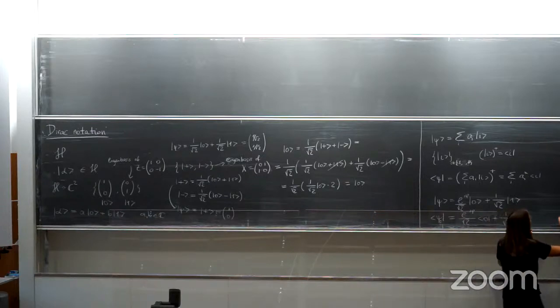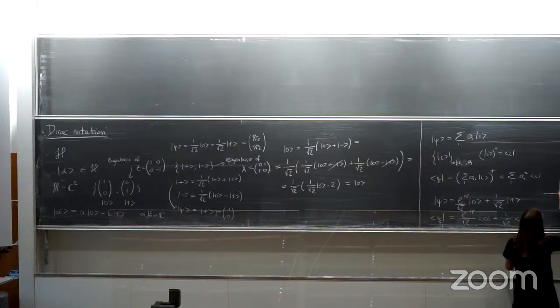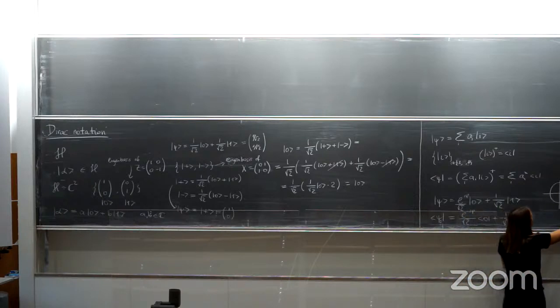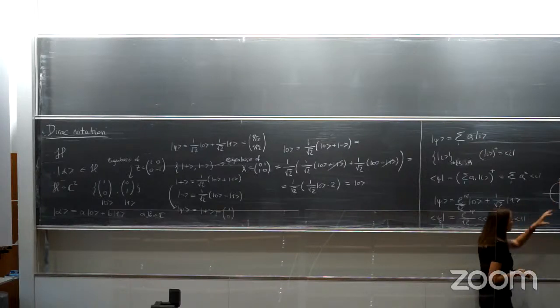Just a reminder of some material from complex analysis, or just complex numbers. The way to see e to the power I phi: this is the complex plane, this is the real axis, this is the imaginary axis, and the complex numbers live in this plane.